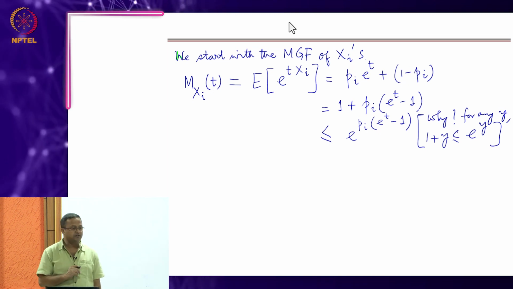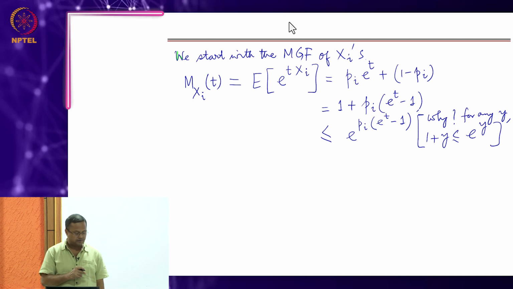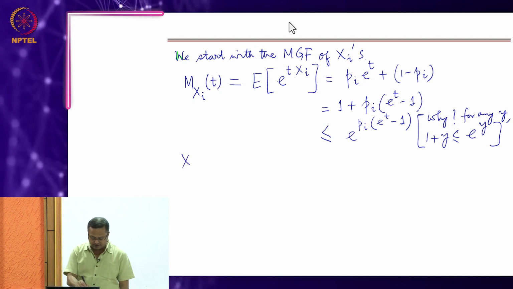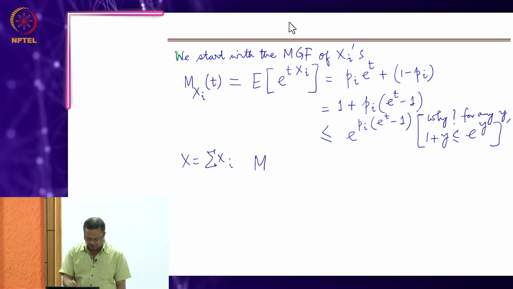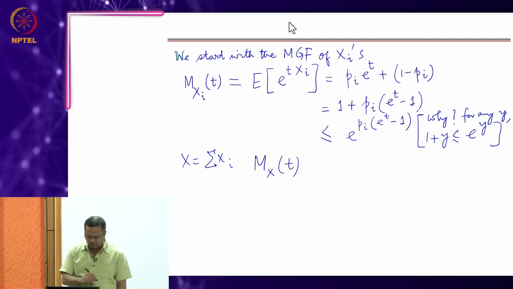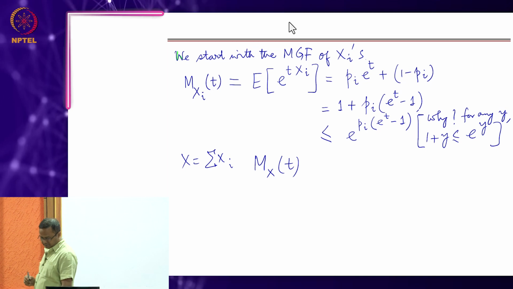So, this is the moment generating function of each xi. I now know that x is summation of xi. So, quickly figure out what is moment generating function of x.